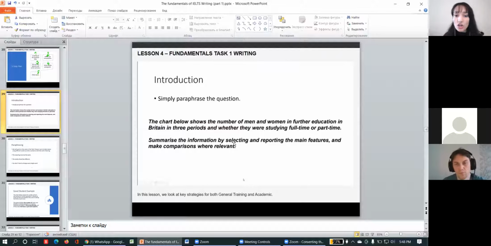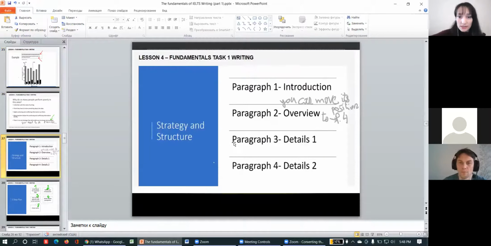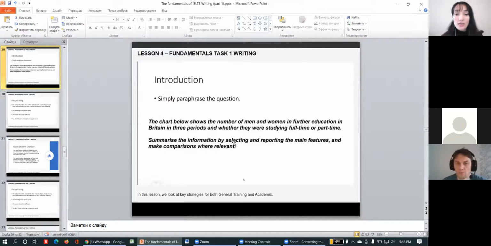It says, the chart below shows the number of men and women in the further education in Britain in 3 periods and whether they were studying full-time or part-time. You have to summarize the information by selecting and reporting the main features and also make comparisons where relevant. So this is the introduction.